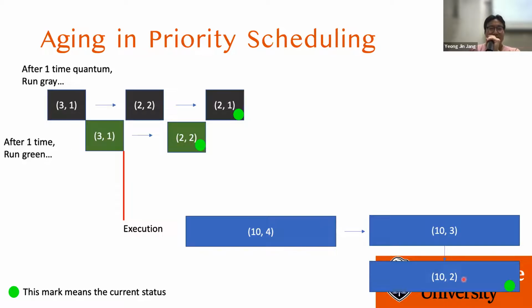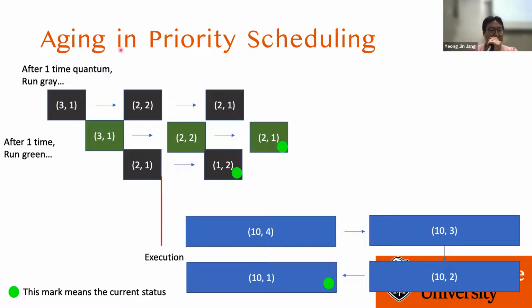Next, we will have these 2, and the gray job, because it has an increased priority number since it has executed once. But this one has not been executed, so in that case, it will get the reward of an increased priority.